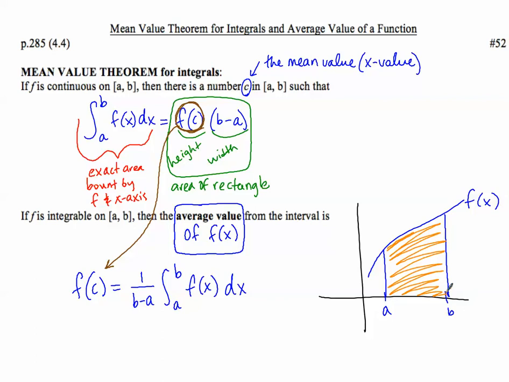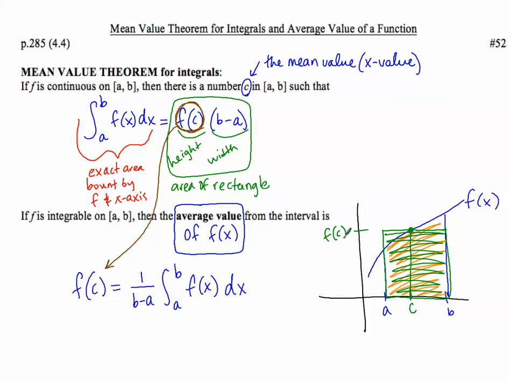Whereas the mean value theorem for integrals tells us that there has to be some point at which I can draw a rectangle that has the exact same area. And I'm going to do that in the matching color of this one so that you can relate them. So c is some value in here such that I can draw and get that area, and that area is the same as the definite integral.